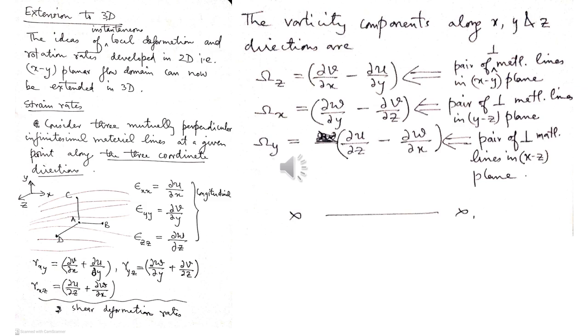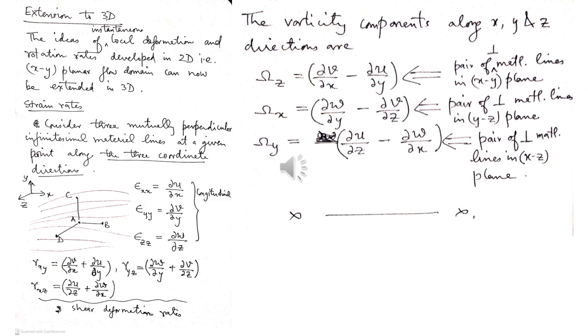Now in 3 dimensions, as I said, in 2 dimensions we had just one vorticity component, which was omega theta plus pi by 2, and for 2 dimensions that rotation vector is directed normal to the xy plane, so that's why we call it capital omega z.